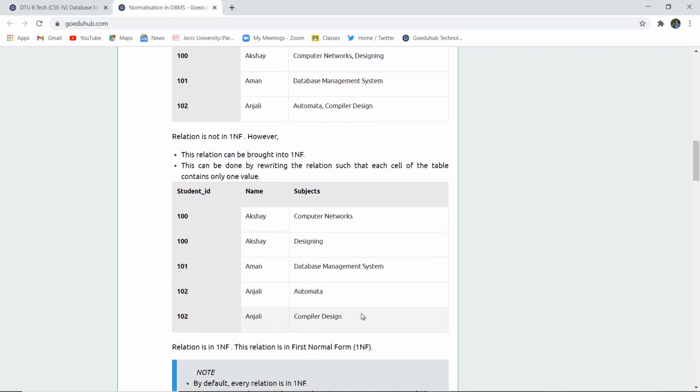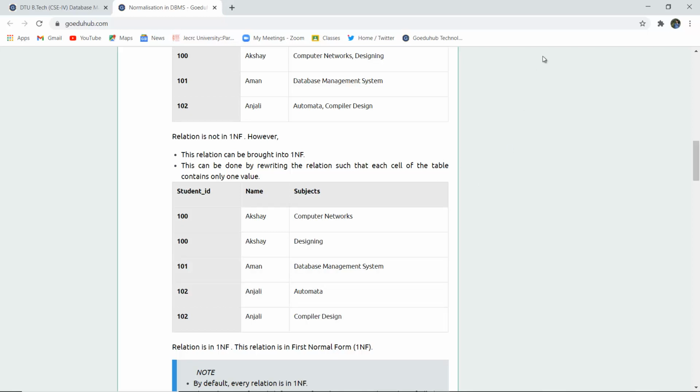Now we can rewrite the relation for Anjali: 102 Anjali, her subject is automata, and similarly 102 Anjali for compiler design. This is how we can reduce a relation into 1NF form, where each cell of the table contains only one value. In 1NF, each cell of the table must contain one value, or null values are accepted unless any constraint is mentioned. So this is how 1NF is defined.